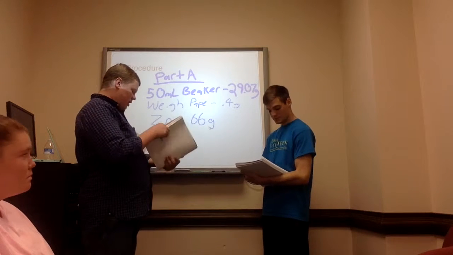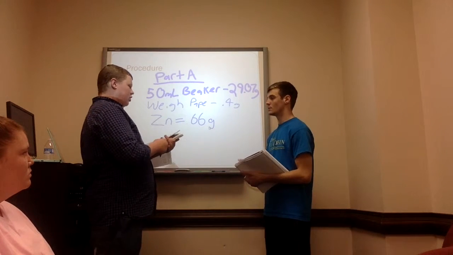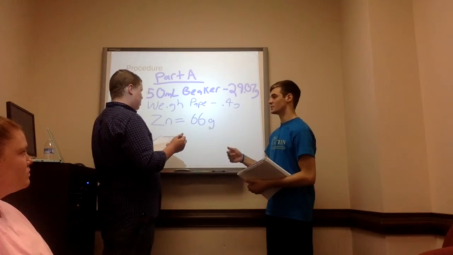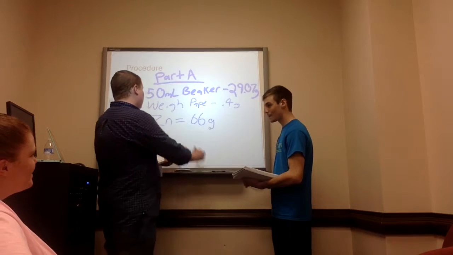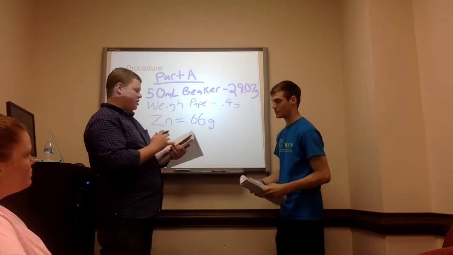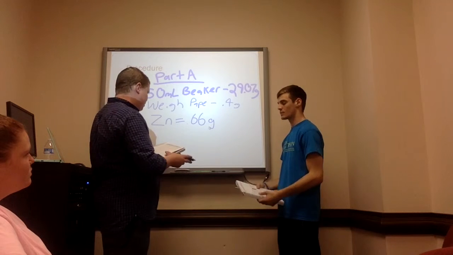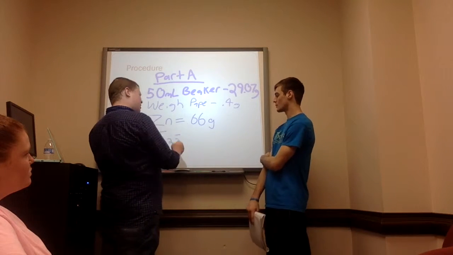And what did you weigh out for iodine? How much did you weigh on that? You were a little closer on that, correct? We're going on your numbers, so yeah, I was close. Okay, so you got 0.66 grams for zinc, and you said your iodine was a little bit closer. I looked at your sheet, and for your iodine, was it 0.61 grams?